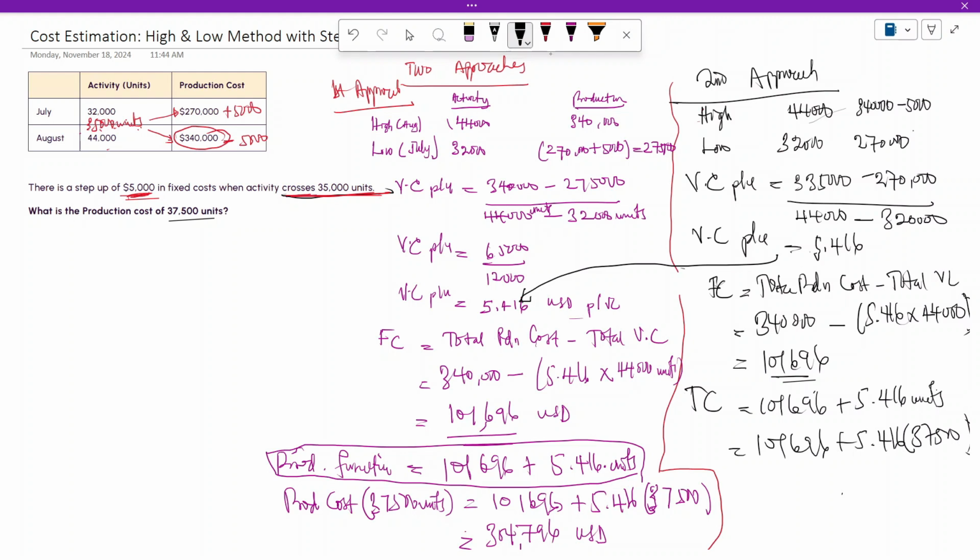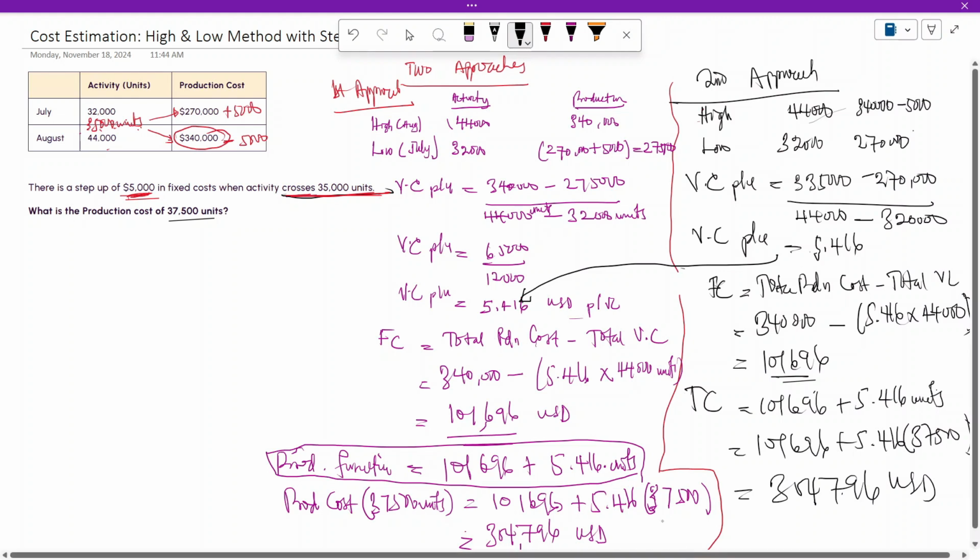And that is going to give us a total of 304,796 US dollars. So these two approaches will give us the same answer if we analyze it from two angles.